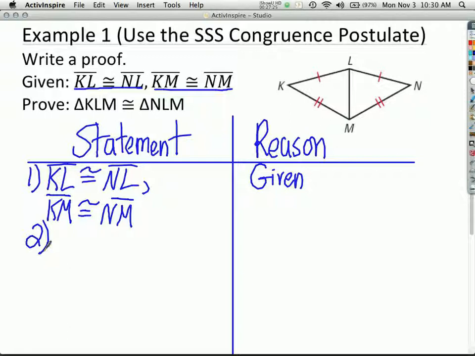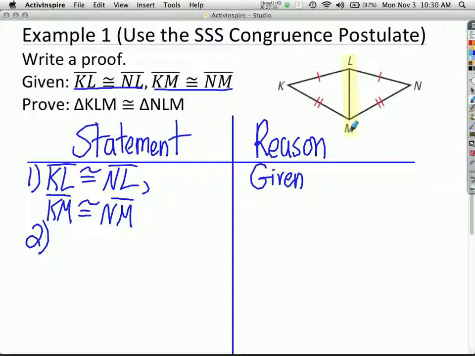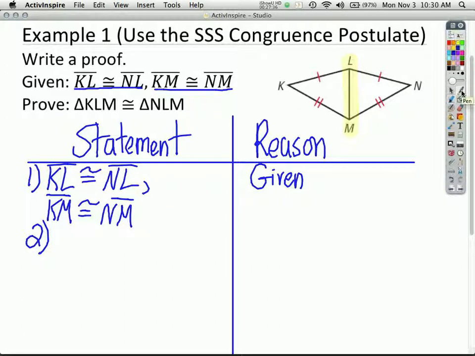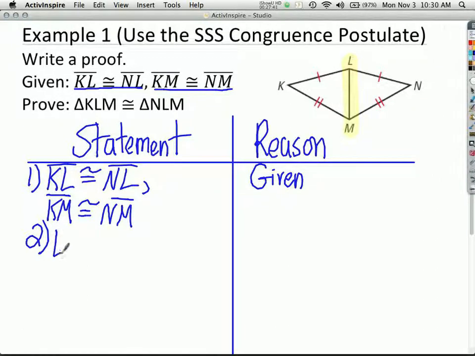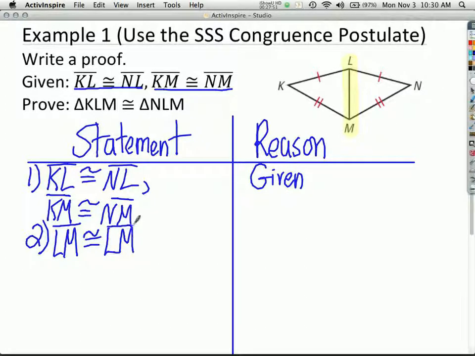Yeah, the 3rd side of the triangle is actually a shared side right here. So we have to prove that this is equal to itself. And so she already made the statement, segment LM is congruent to LM, but what is the support for that?